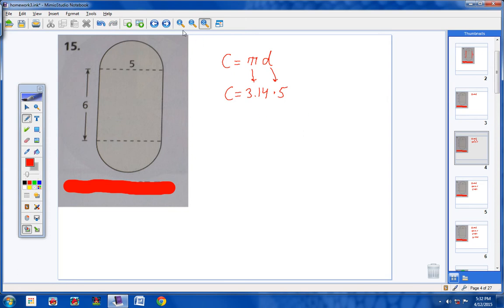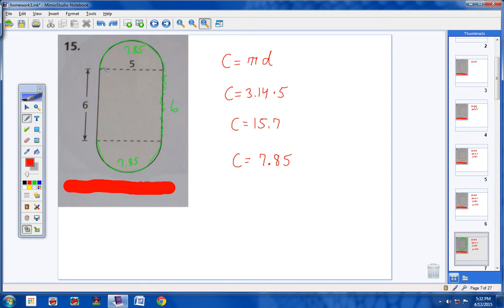If I multiply those two numbers together, that gives me the entire circumference, 15.7, around the entire circle. So divide that in 2, and you get 7.85. Now 7.85 is the distance around this much of the circle.